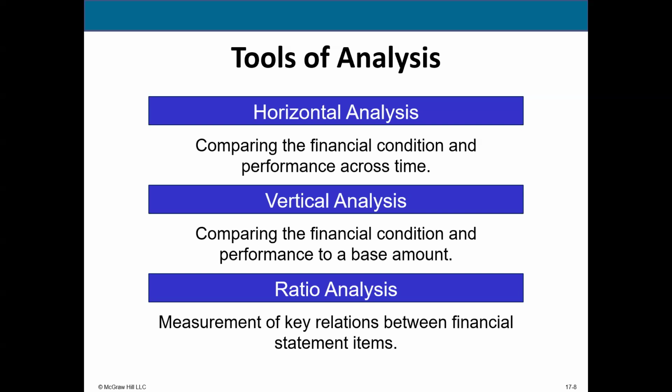On my balance sheet, I express everything as a percentage of total assets. So, for example, if I want to know what my percentage of cash is in comparison to total assets, I'll take my cash amount divided by total assets amount to get my percentage of cash to total assets.